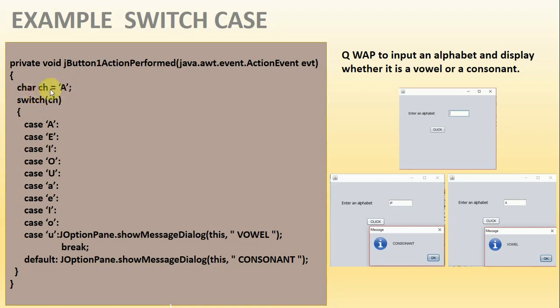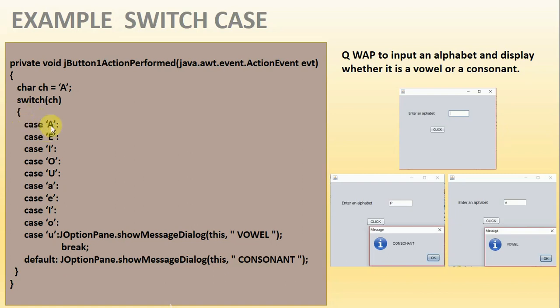Now to check whether this ch is a vowel or a consonant, I am using switch statement. Switch ch, as I am going to check the value of ch, I will write ch within the parenthesis of switch followed by curly brace.